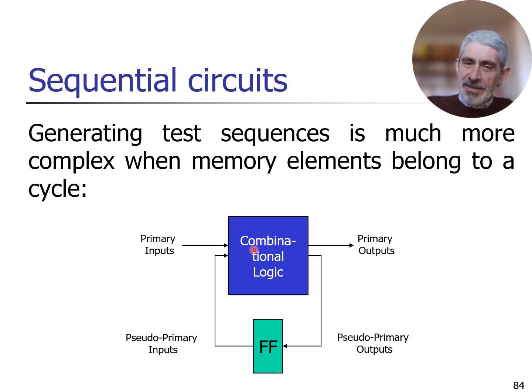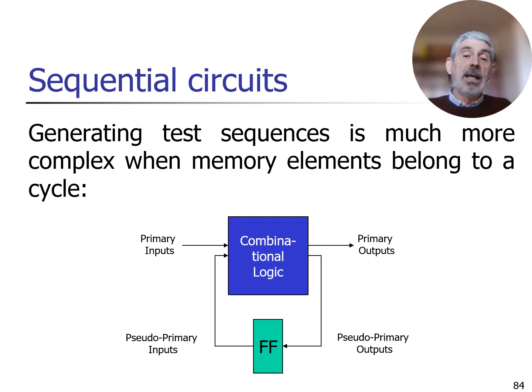Obviously, once the fault has been excited, the fault effects may propagate either to the primary outputs, fantastic, I will be able to detect the fault, or to the pseudo-primary outputs, but the pseudo-primary outputs are not visible from the outside. In that case, it means that the fault, once excited, created an error in one or more flip-flops. But what I need is to make this error, this difference created by the fault, visible on the primary outputs.